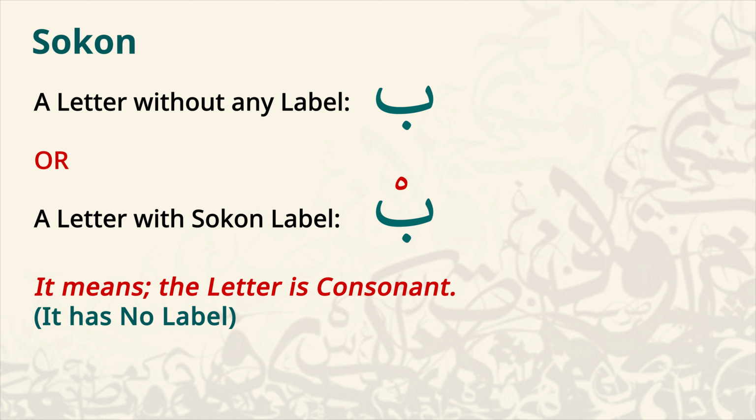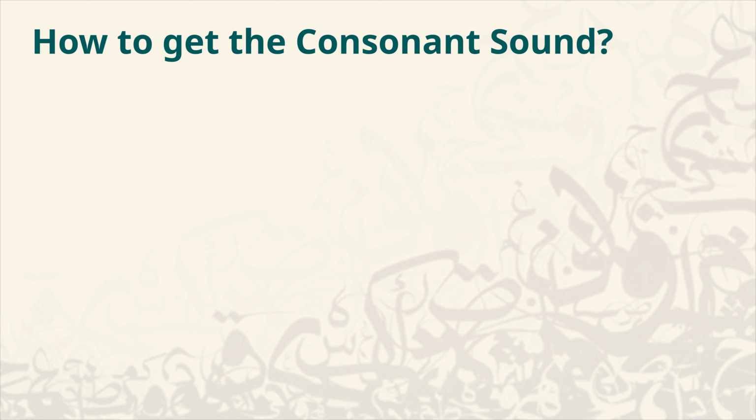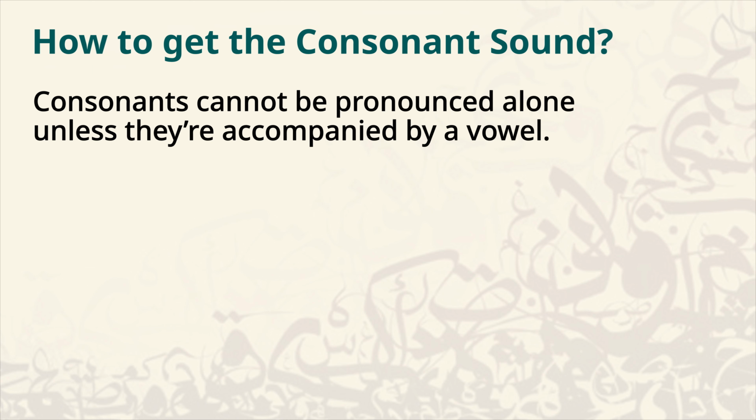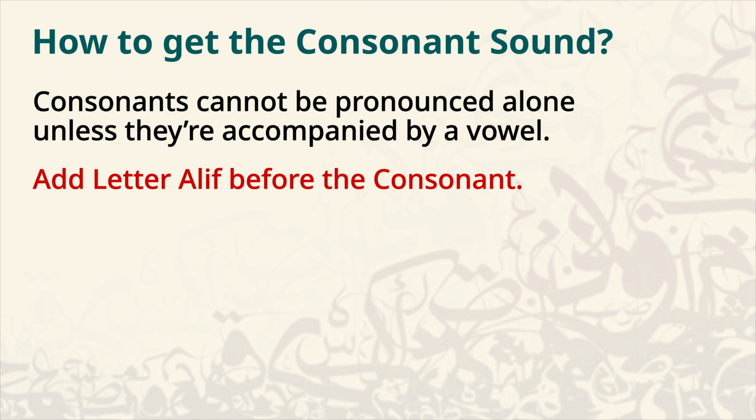But how can we get the pure or consonant sound of any letter? Consonant sounds cannot be pronounced alone, unless they're accompanied by a vowel. Here is a very common and effective way to pronounce consonants. Just add alif before the letter and pronounce it freely.